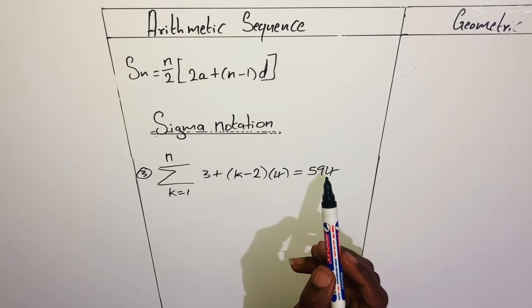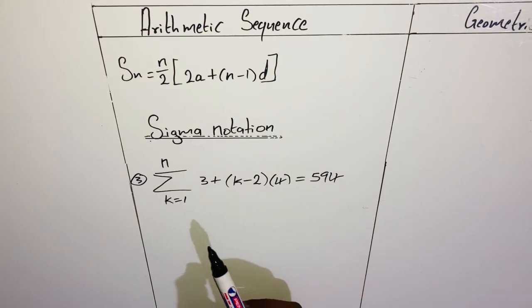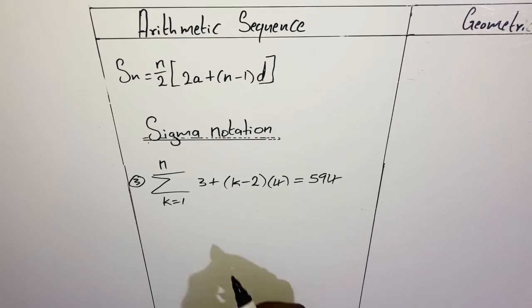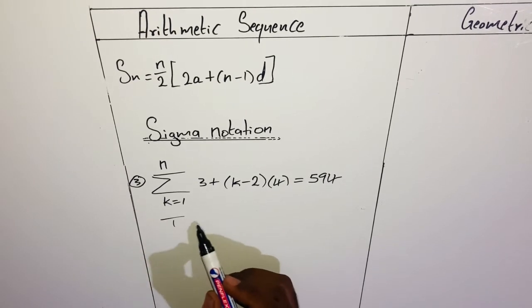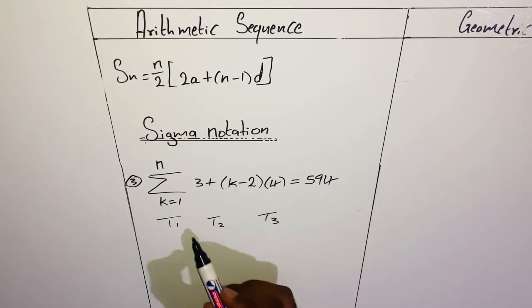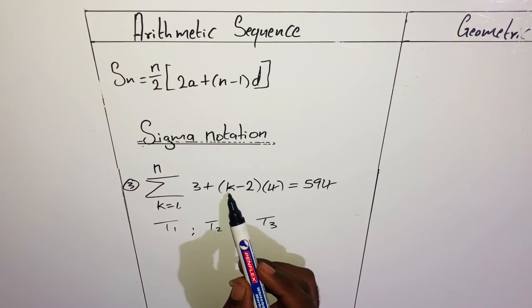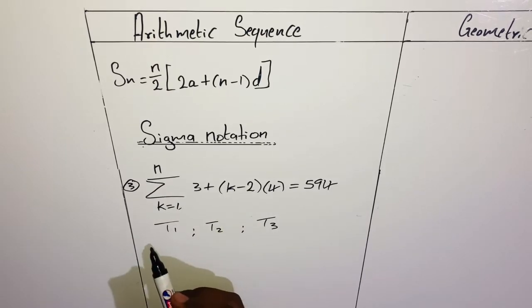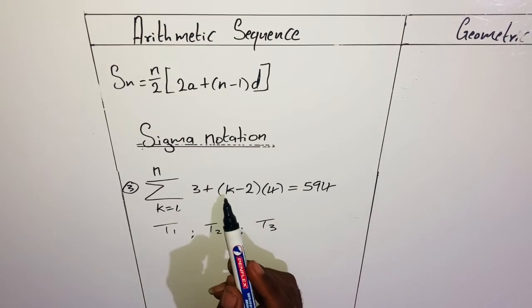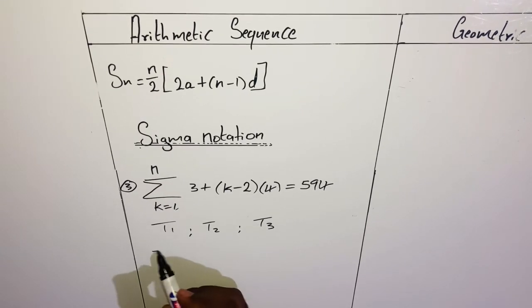So now we still have to firstly find the first three terms. The first three terms tell us whether we are dealing with an arithmetic sequence or a geometric sequence. For us to find T1, T2, and T3, we substitute K as 1 on our equation, which gives us negative 1.